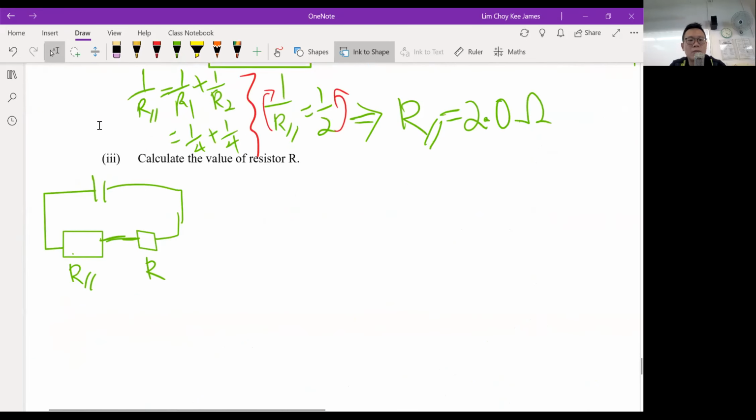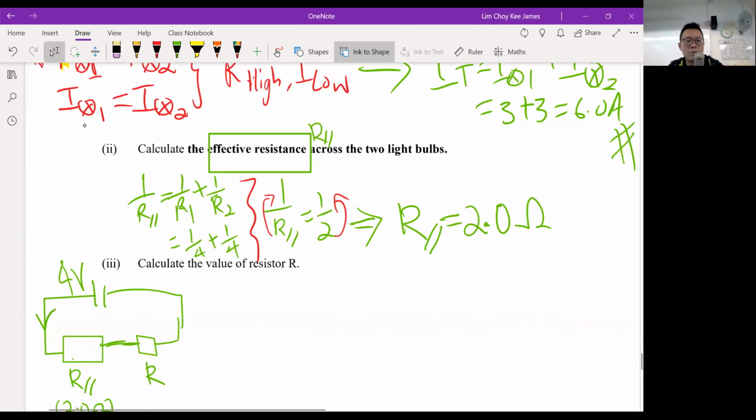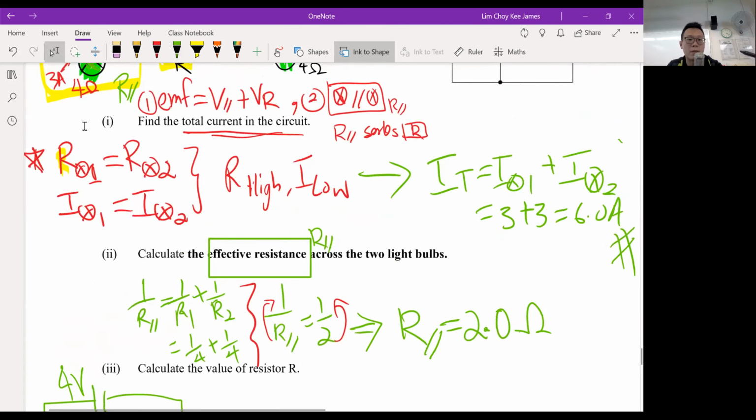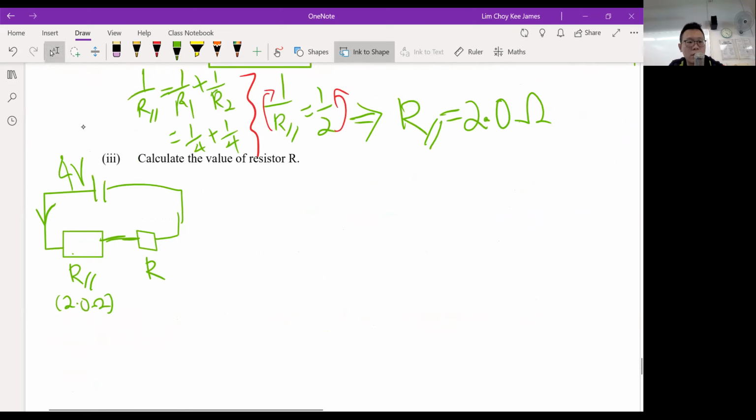And the question says your battery is 4 volts. R parallel, you know, is 2.0 ohms. IT, what information do you know based on the question? Remember what I just said, all the parts in the question are related to each other, they are correlated. So the total current given here is 6 A. So you actually know that the current here is 6 A, which is IT.